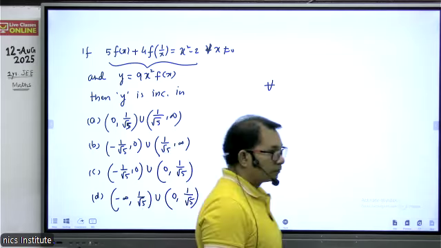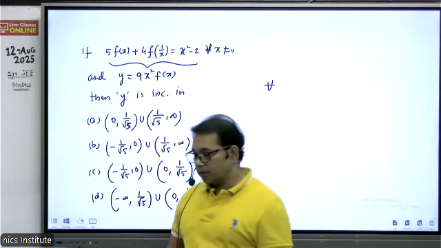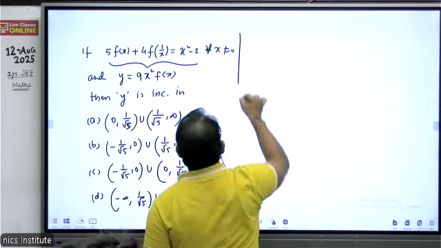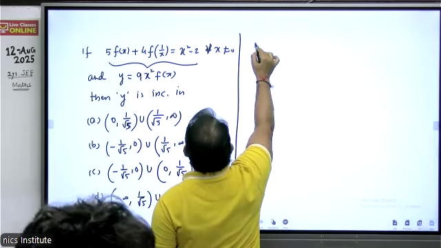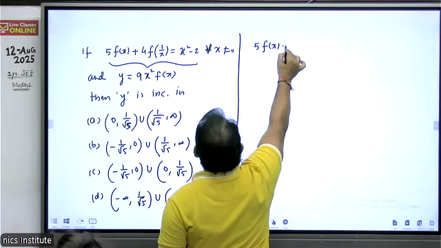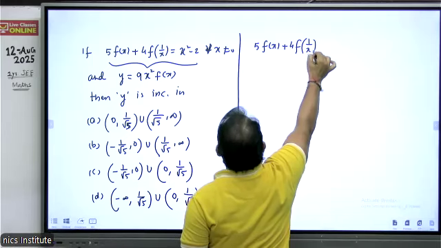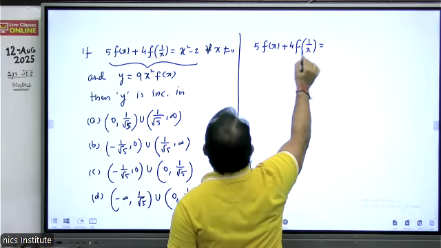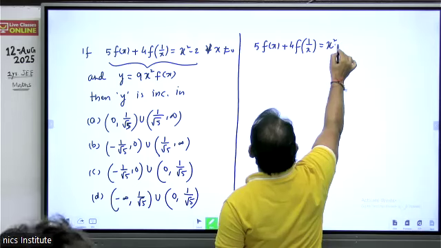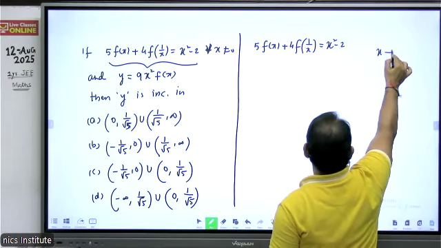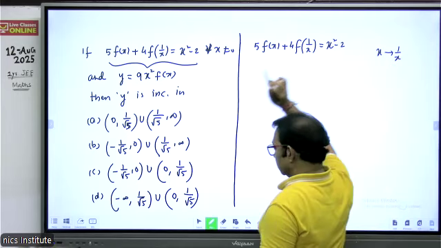Think, y is not f of x. This is a function which contains x and 1 by x both. So whenever you come across this kind of question, always replace x by 1 by x.